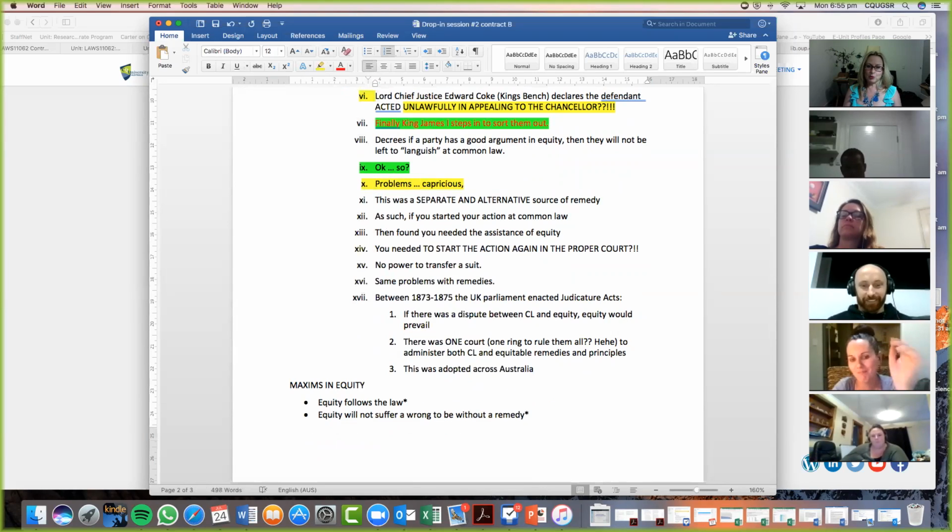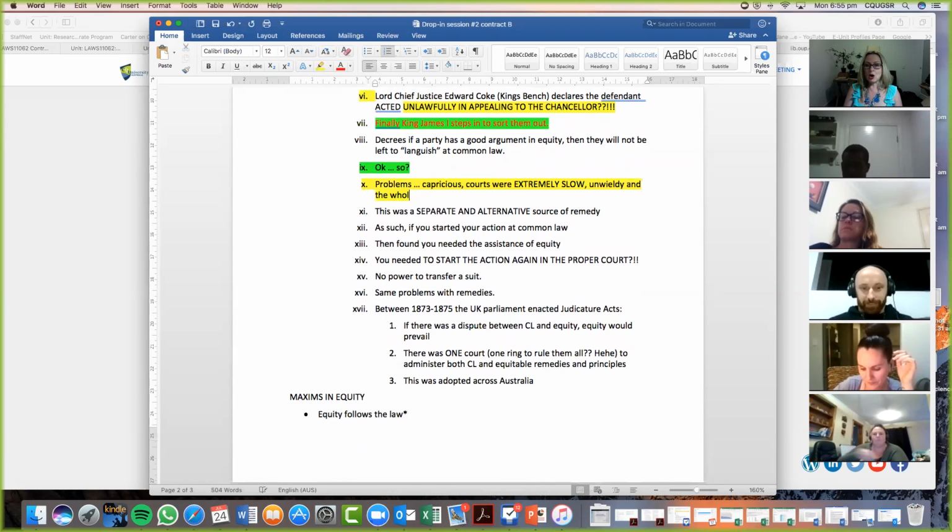The other problem was the courts were extremely slow, unwieldy, and the whole process was very uncertain. So there were problems there on the process side of things.